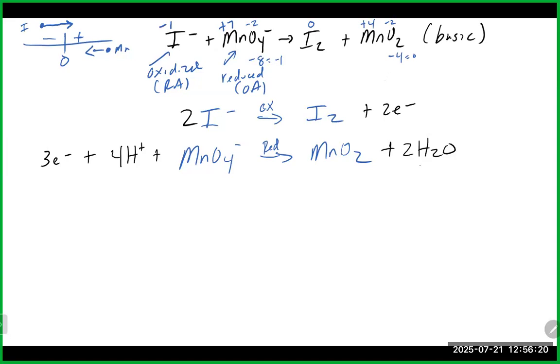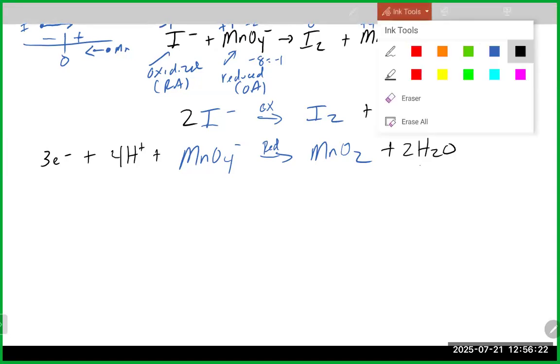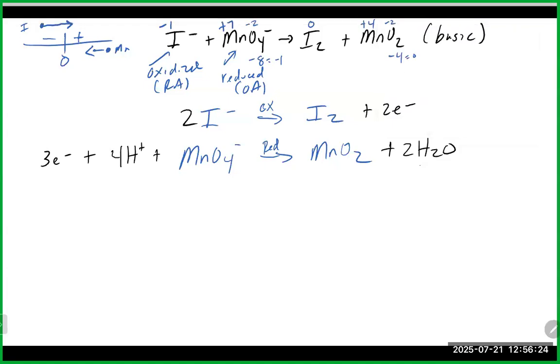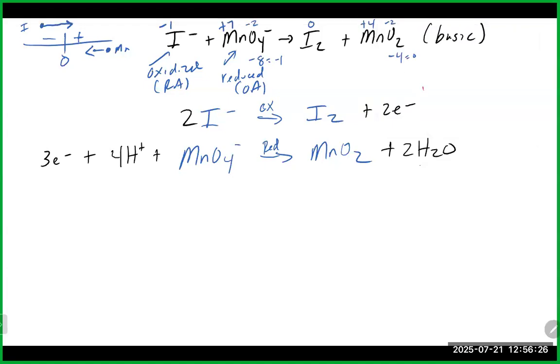Okay, now that we did that, we're ready to add these together. Once again, we do need to make sure we have the same number of electrons in each half reaction, and in this particular case, we do not. We are going to have to multiply both of them by a common number. We got 2 electrons in the first one, 3 in the second. 3 times 2 is 6, so times the top guy by 3, bottom one by 2.